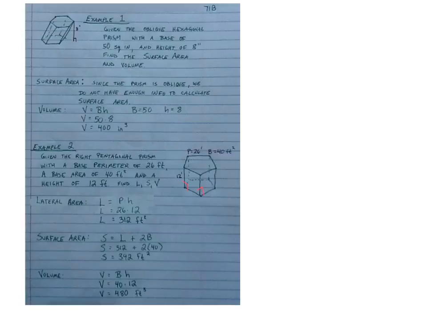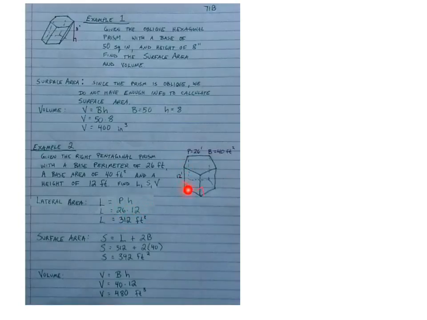Find L, S, and V. So L is the lateral area, and we find that by taking perimeter times height. They give us a perimeter of 26 and a height of 12. So 26 times 12 is 312 feet squared.